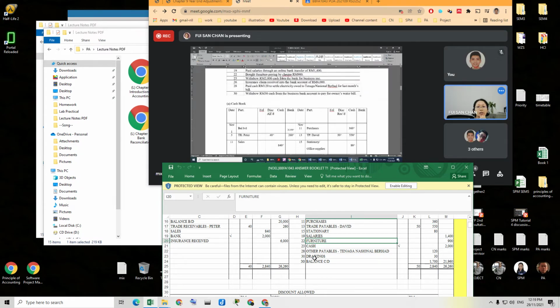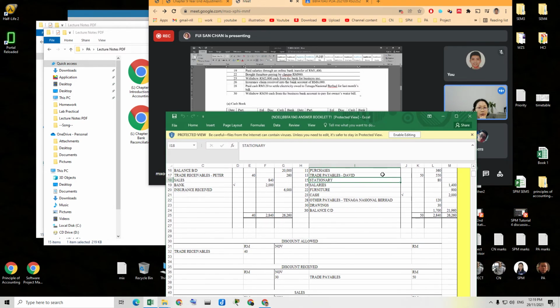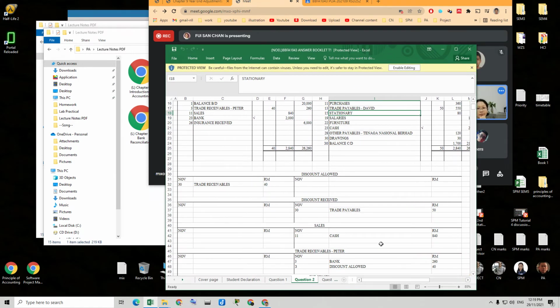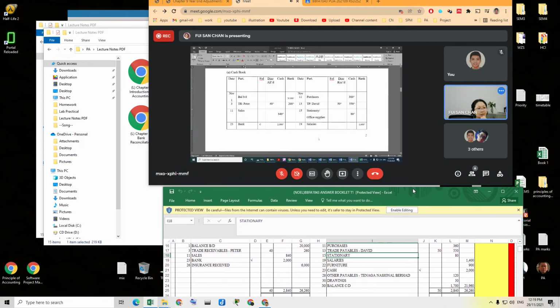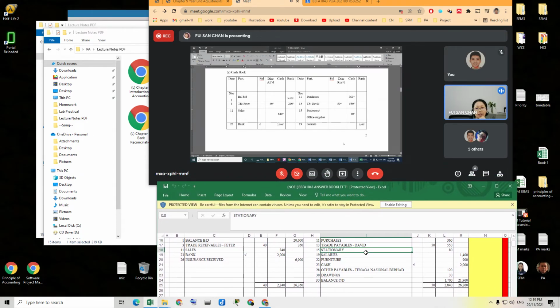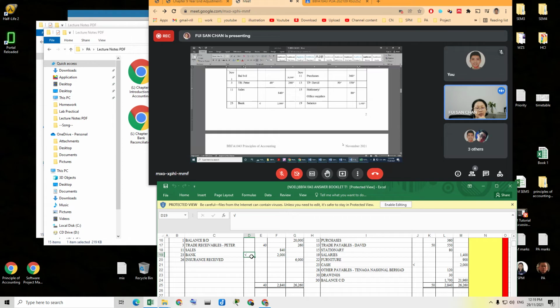Then next, withdrew 2,000 cash from the bank for business use. So meaning this is a contra. What do you credit? Credit bank.